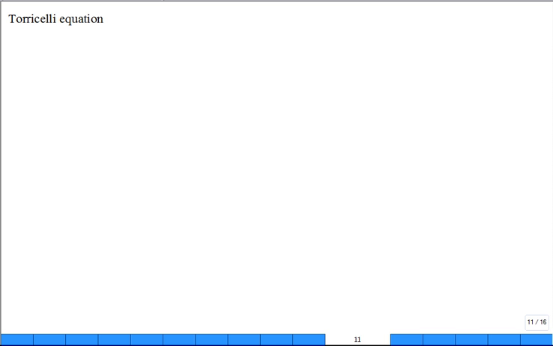Now let's talk about Torricelli's equation. It's the equation that we just used in the tank draining problem. So we had a tank with a little pipe connected. Typically you put the pipe at the bottom, but here is the fluid level in the tank, and the fluid is gushing out right here.